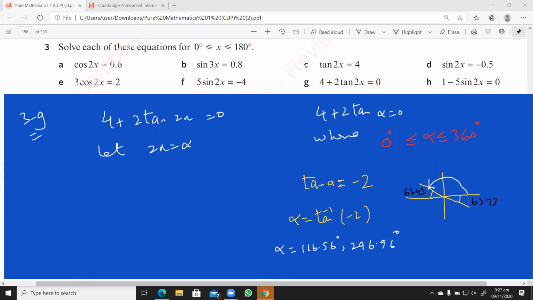We have to find the values of x. So now we shall say this x is going to be half alpha. So you half these two values and tell me what do you get? 148.3. Okay, so these are the two values of your x.